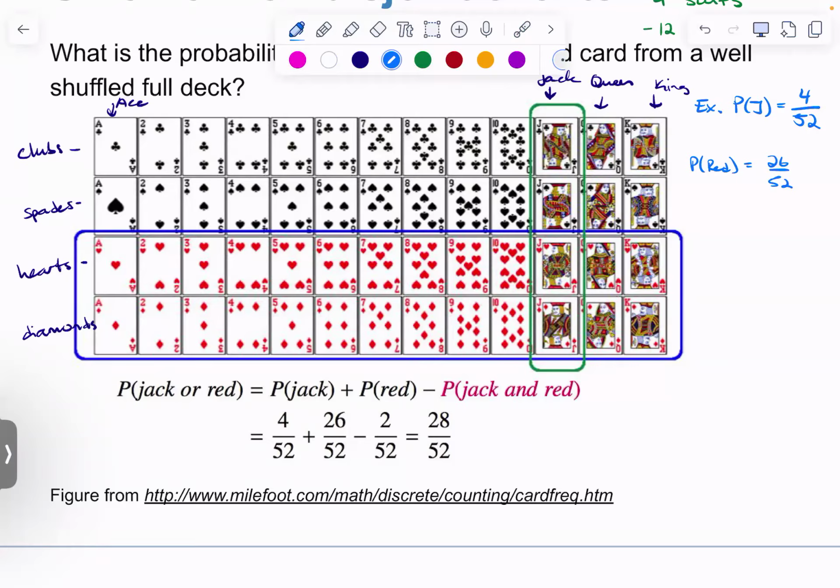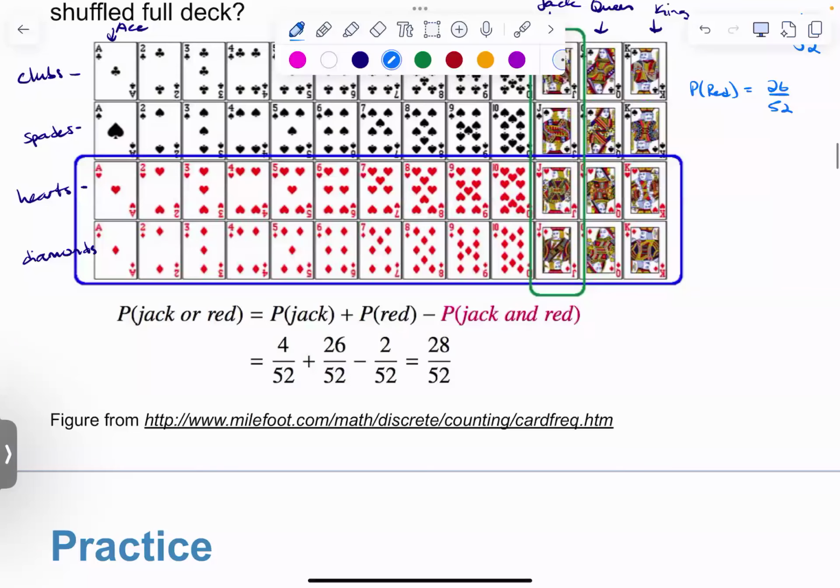But if you were to just add those up, because either jack or red, I'm happy either way. In fact, whenever we say or, that will mean addition.